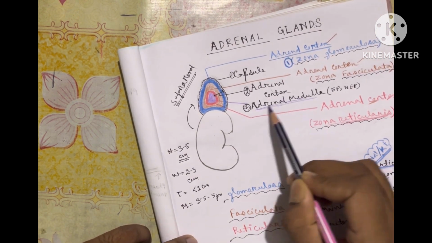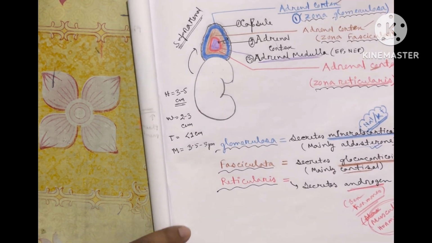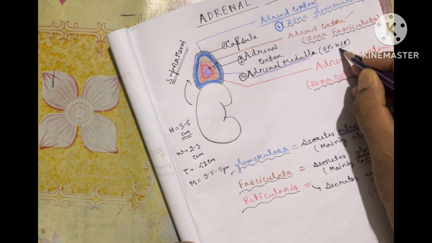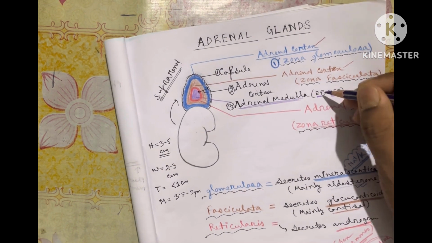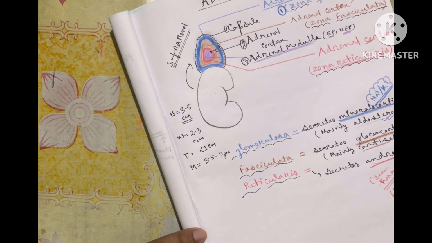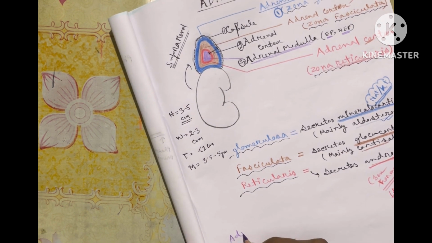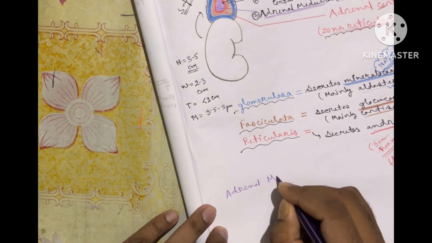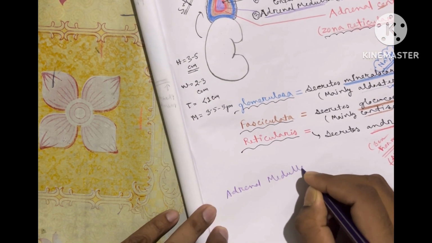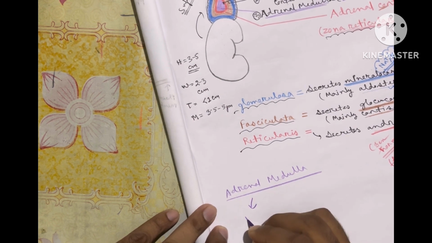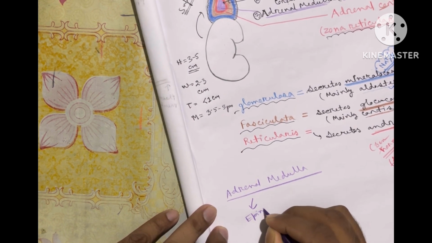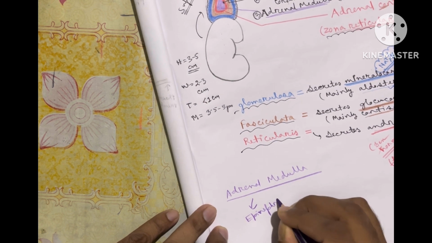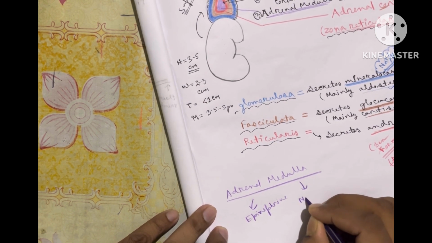The adrenal medulla secretes epinephrine and norepinephrine.